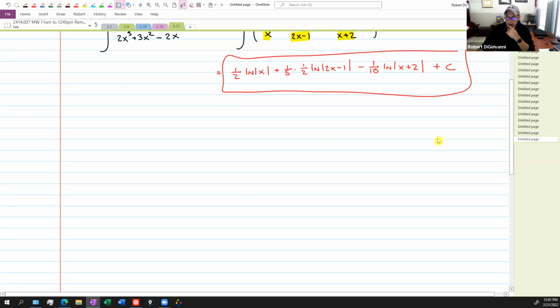On other things. If you absolutely have nothing to do, you could just do something like practice. I would practice a couple of these where you have a linear expression, maybe like x plus 4 over some irreducible quadratic like x squared plus 5x plus 2 dx. See if you can find the integral of that.